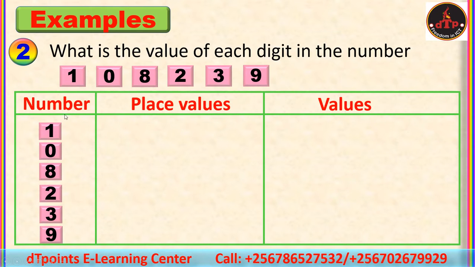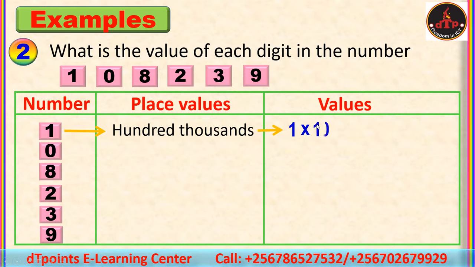We are now going to proceed to put the place values. The place value is what we are going to put in this column here. So 1 here is under the place value of 100,000. All of you 100,000. And then that one now leads us to the value. So we shall say 1 times 100,000.